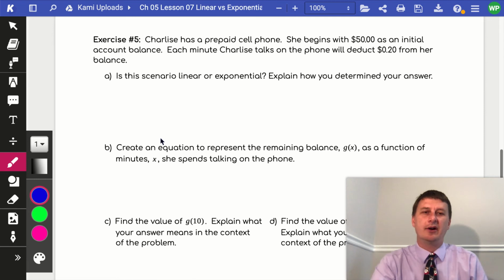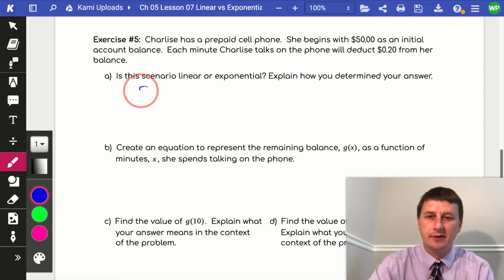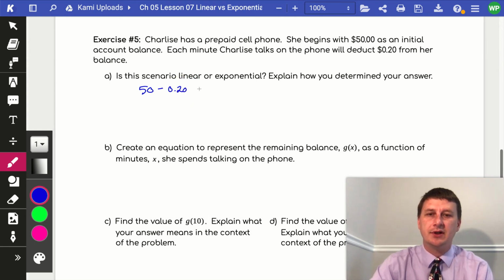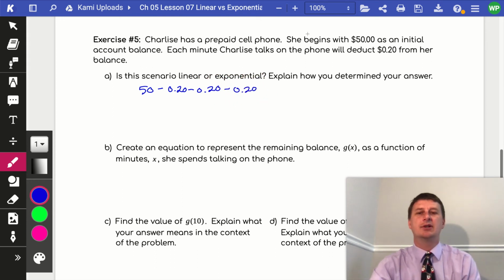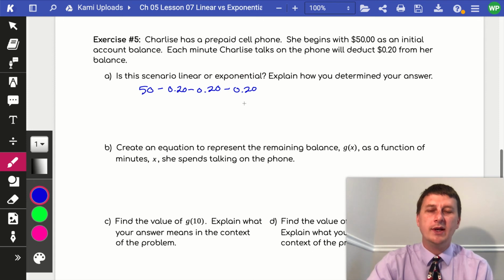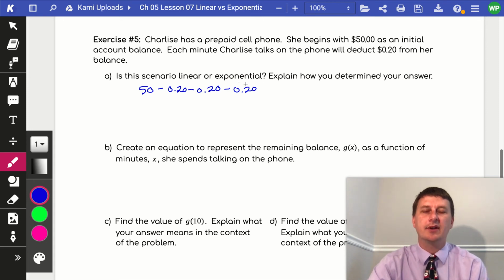So she's starting off with $50 on her card. And if she talks for 1 minute, we subtract 20 cents. And if she talks on the phone another minute, we're going to subtract 20 cents. Subtract 20 cents every minute she talks on the phone. So we will always subtract 20 cents for the number of minutes she talks on the phone.